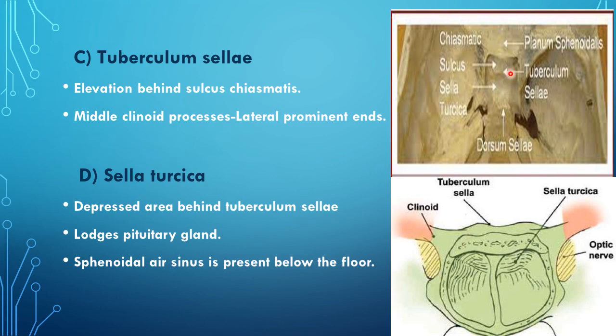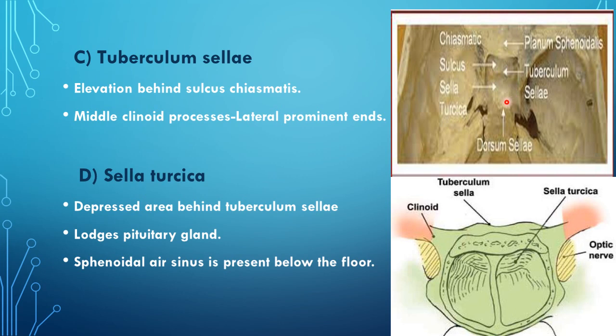So the anterior margin of the diaphragma sellae, which is a sheet of dura mater, gets attached to the tuberculum sellae. So this diaphragma sellae actually covers, or forms the roof of, the pituitary fossa.